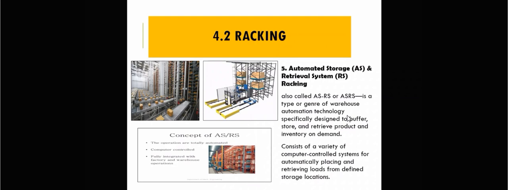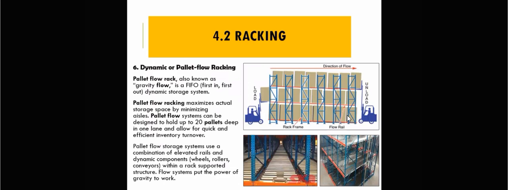Next, dynamic or pallet flow racking. All right. So how do you see this is very dynamic? Okay. Pallet flow rack, also known as gravity flow, is a first in first out dynamic storage system. Why we call it dynamic? Because the system is built on the philosophy of first in first out. Pallet flow racking maximizes actual storage space by minimizing aisles.